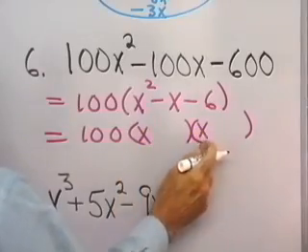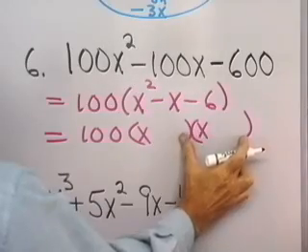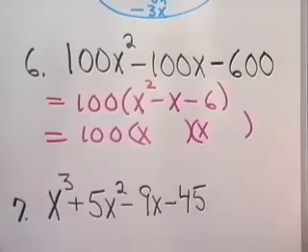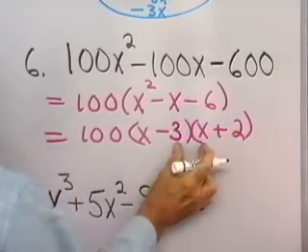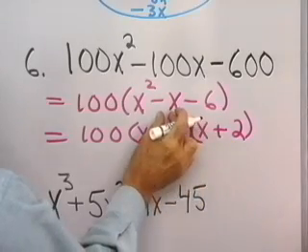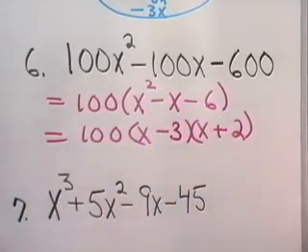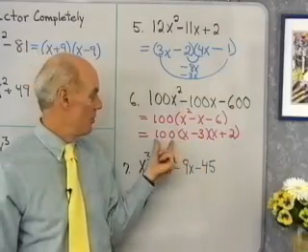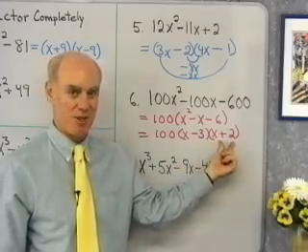Each of them has a first term of x, so that x times x is x squared. The last terms that go here need to multiply and give me negative 6 and add and give me negative 1. So I'm going to say, how about negative 3 and positive 2? Negative 3x inside, outside is positive 2x. They add up to negative 1x, and negative 3 times positive 2 is negative 6. So here's the complete factorization of this trinomial. One factor is 100, next factor x minus 3, next factor x plus 2.